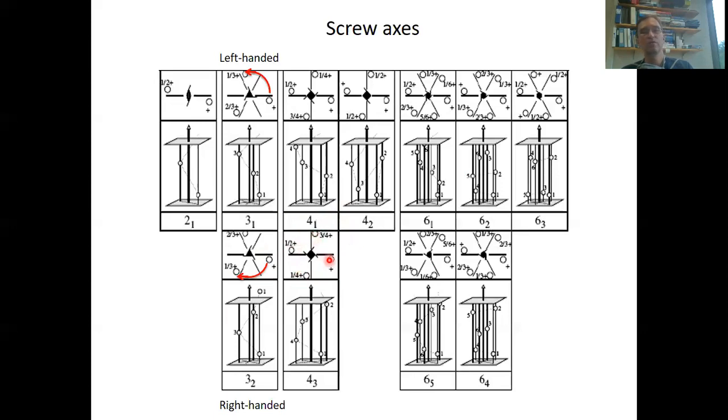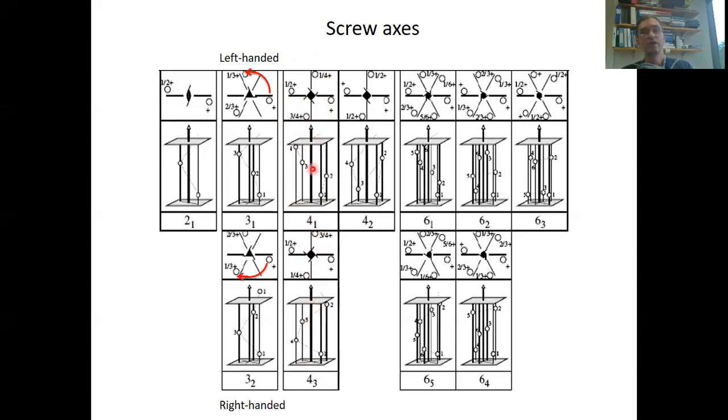So overall, this produced helix is again the mirror image of this helix. And these 2 helices, or screws, are enantiomers to each other.